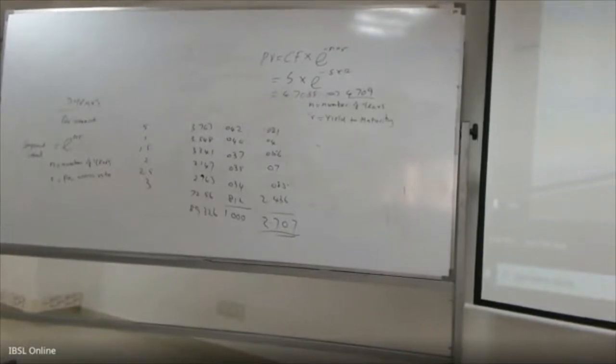Now you see, when the coupon payment is 10%, you had a duration of 2.653. When the coupon payment is 8%, you have a duration of 2.7. So that means the lower the coupon payment, the higher the duration.